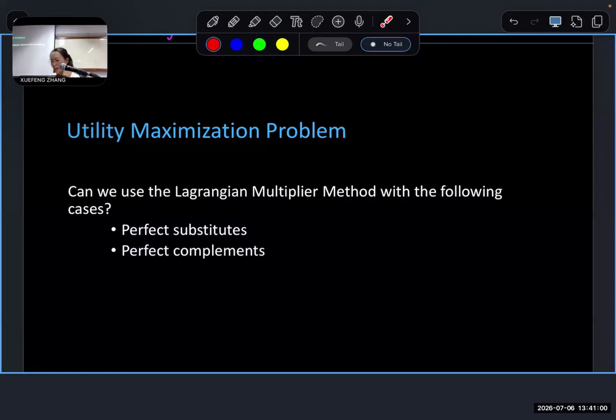Lagrangian multiplier, can we use it to solve perfect substitutes and perfect complements? Yes or no? Yes? No?